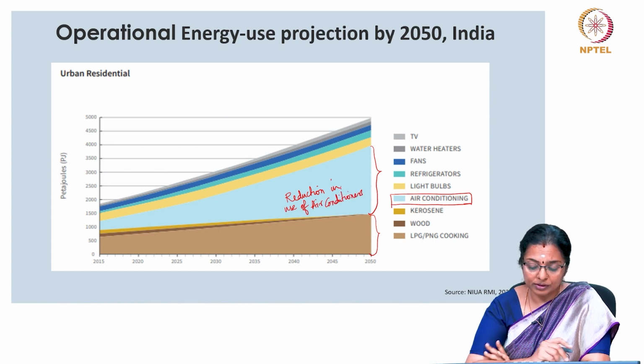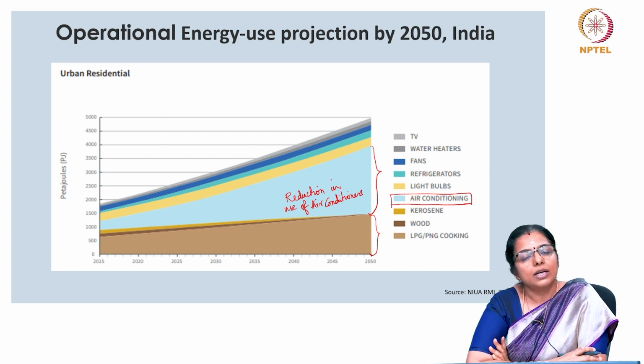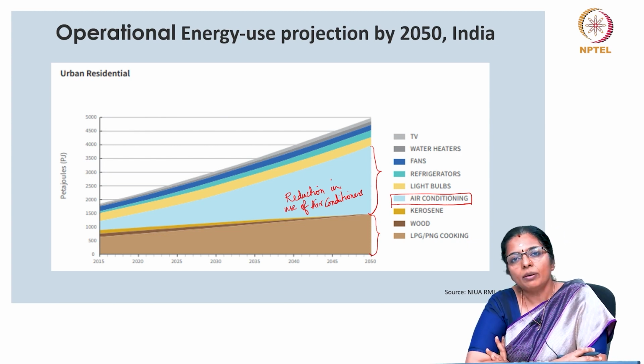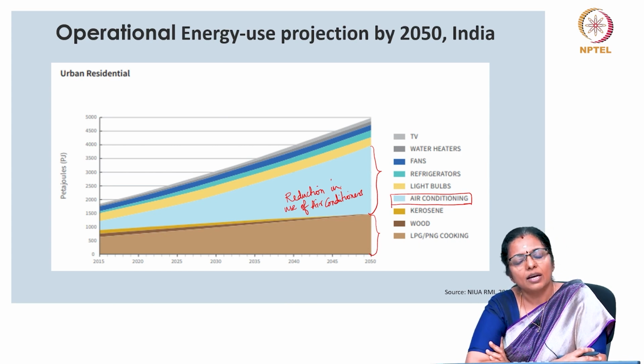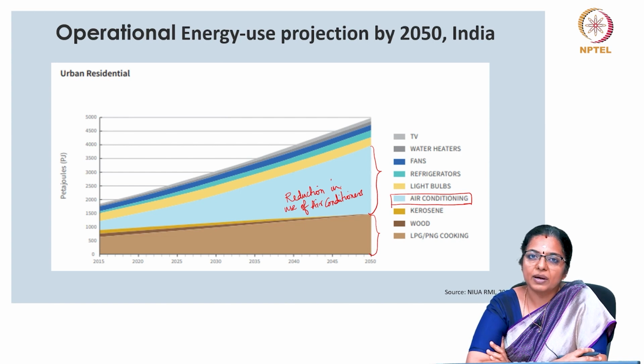Why do we use air conditioners? Because the indoors are not thermally comfortable. Can we make the indoors thermally comfortable? Yes. How do we do that? Through appropriate design, through appropriate choice of building materials, using bioclimatic principles, using simple passive techniques, if not possible, using advanced passive techniques, and so on and so forth.